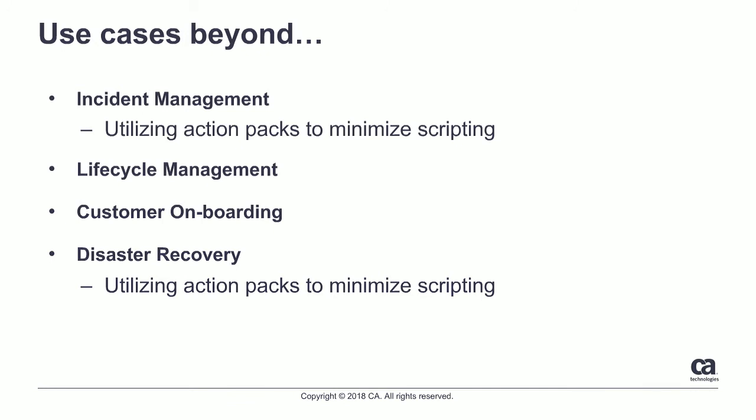Lifecycle management. One of the really good things I like about the Atomic Event Engine is that there's actually a service catalog built inside of it. So if you wanted to, you could create a catalog of requests specific to AutoSys and do some lifecycle management. Say I've got some JIL that I want to promote from my non-prod environment to the prod environment.